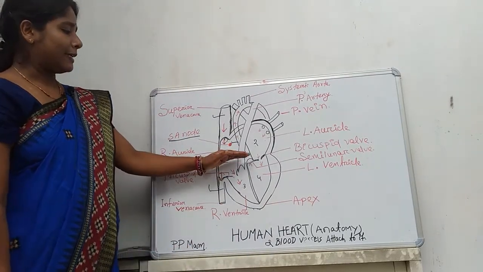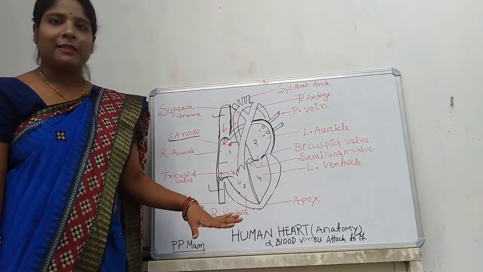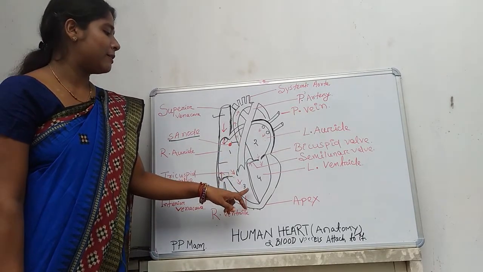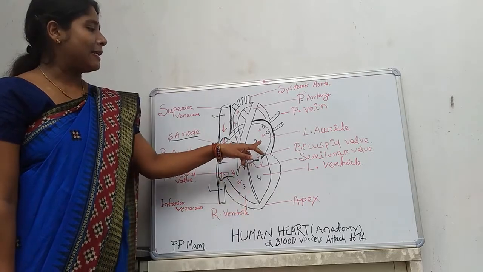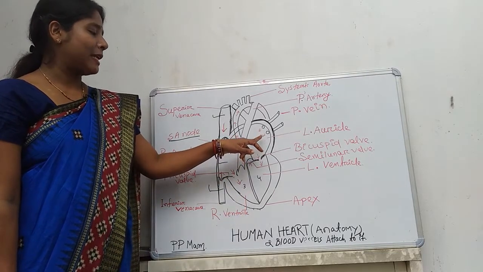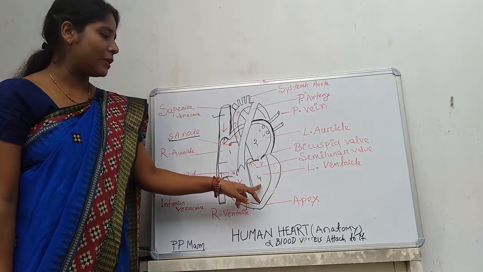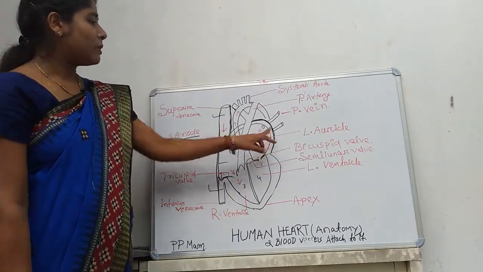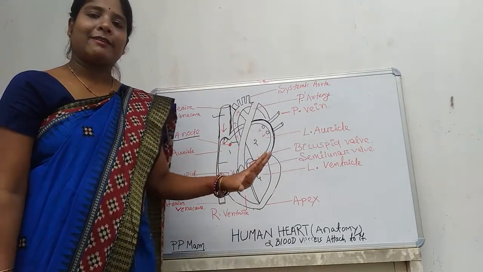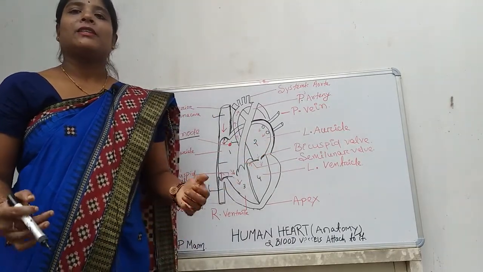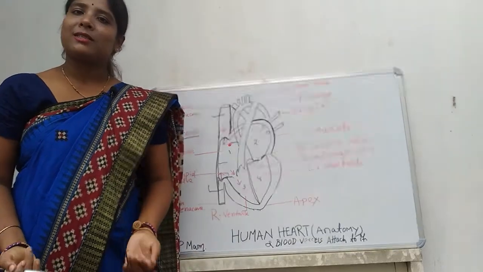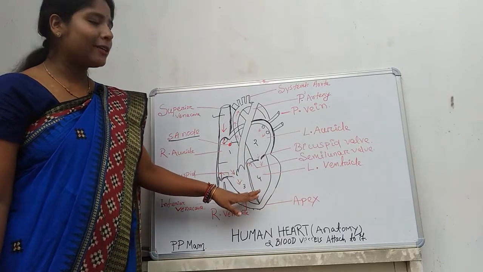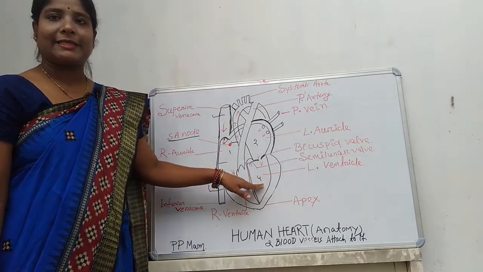Now at a time both auricles contract. From the right auricle the blood goes to the right ventricle. Similarly from the left auricle blood goes to the left ventricle. Fine. So after auricular contraction the auricular relaxation starts and the blood reaches the respective ventricles.